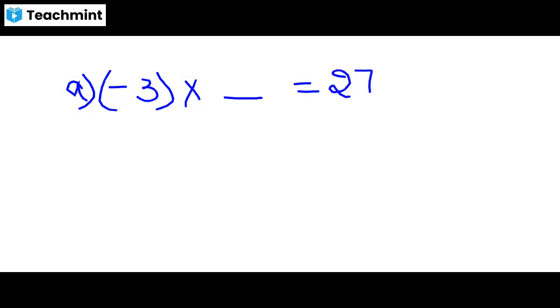Replace the blank with an integer to make it a true statement. Now, what is given? I'll write all the questions first. A: minus 3 into dash is equal to 27. B: 5 into dash is equal to minus 35.